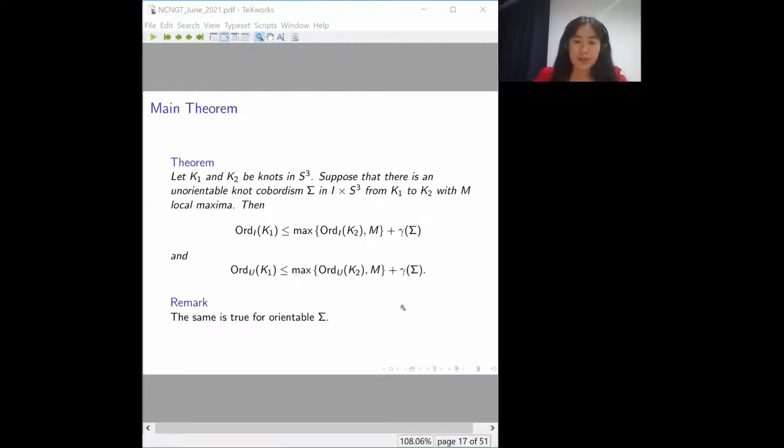But in the orientable case, the versions of knot Floer homology and instanton Floer homology that we're using satisfy the same tube cutting formula. And so the only real subtlety in our results, that's different from theirs, is in dealing with the non-orientability of the cobordism.